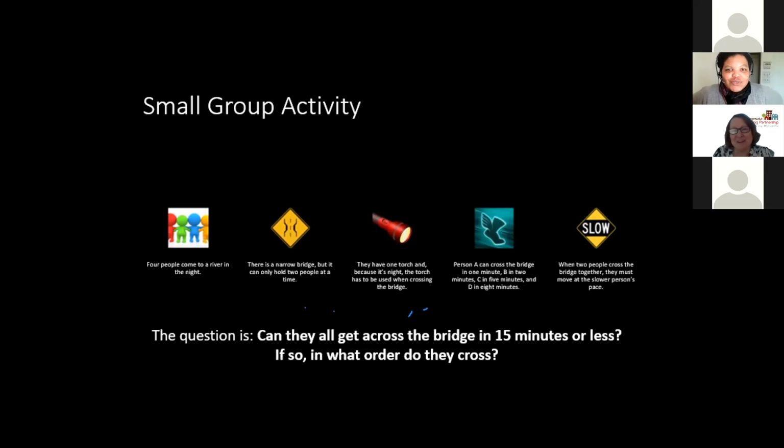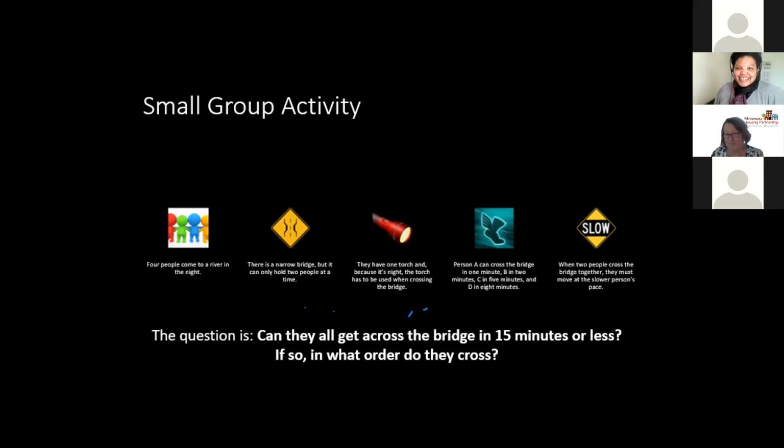I had a question, but I didn't know if it would give anything away or not. I think it's obvious that people are going to have to go across the bridge and then come back and escort another person with them. Uh-huh. So they're still going to need that torch.